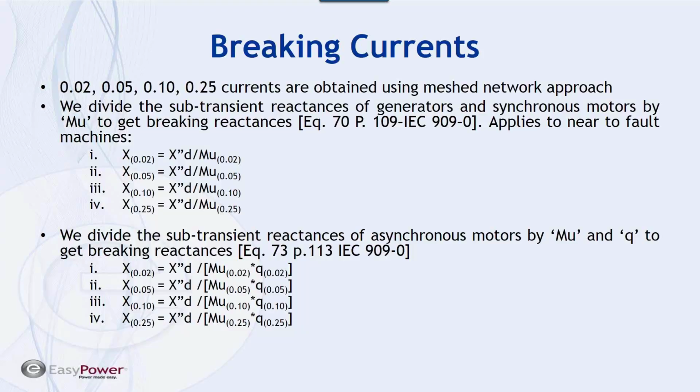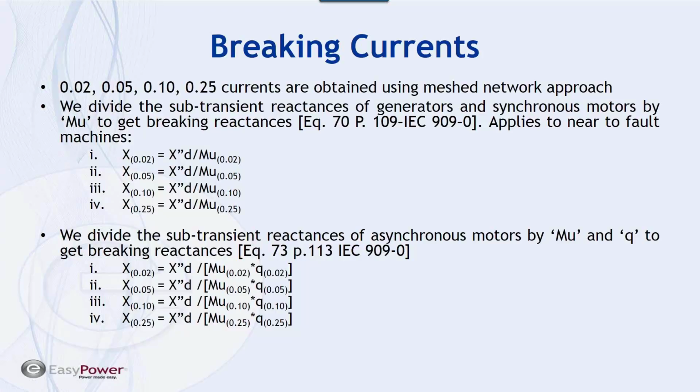So here I'm talking about the sources that have a decay, and those sources, being induction or synchronous, have to be near to fault, and that's how their impedance values get modified. Then you would ask what if it's far-from-fault equipment, which is not supposed to see any decay? For that case, it's a simple answer. Mu would deliver 1. If you look at the equations, you would see that they become 1, so the impedance doesn't change. Nothing in that network changes.